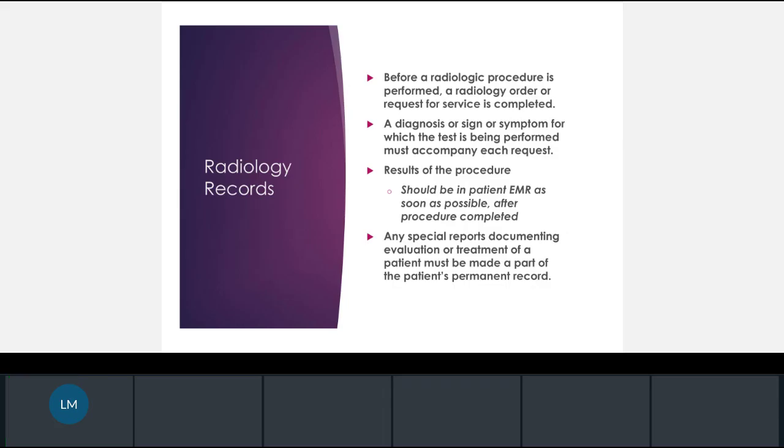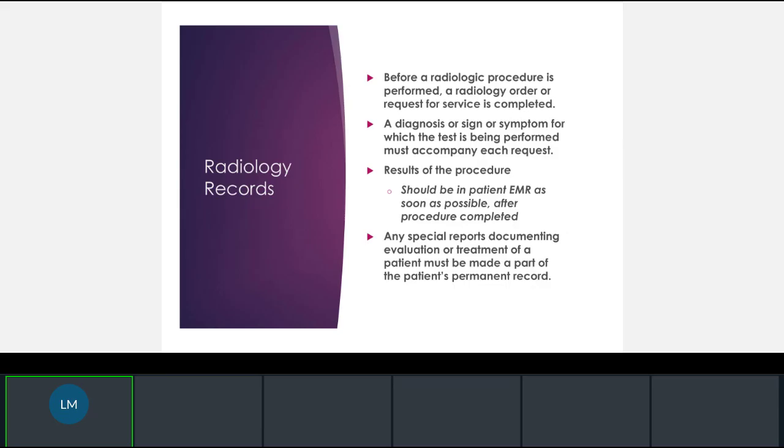Once that exam is performed, there has to be results of the procedure. So this is where the report comes in. And that should be in the patient's electronic medical record as soon as possible after that procedure is completed. Typically, if it's an outpatient type deal, it's probably on there within 24 to 48 hours.